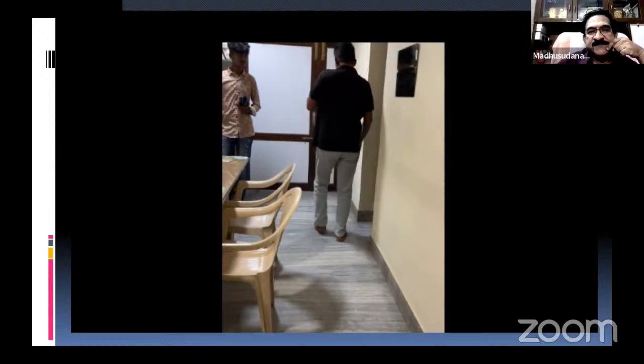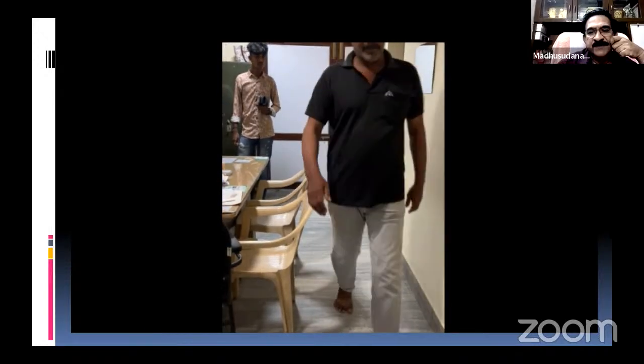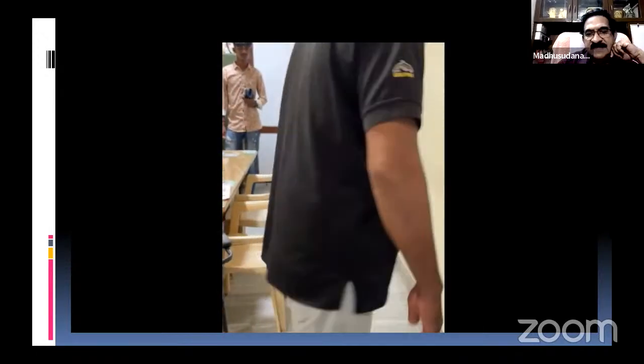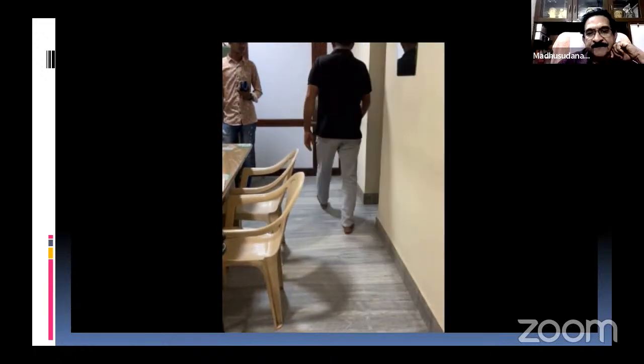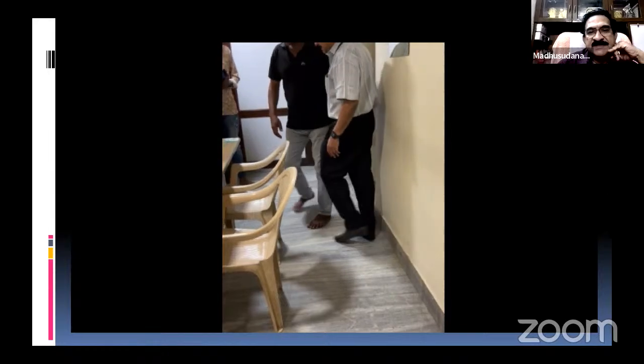There is spasticity of both lower limbs, more spasticity on the right side. Left side is spastic, right side is definitely spastic. He could do the tandem walking, but with occasional swing to either side.